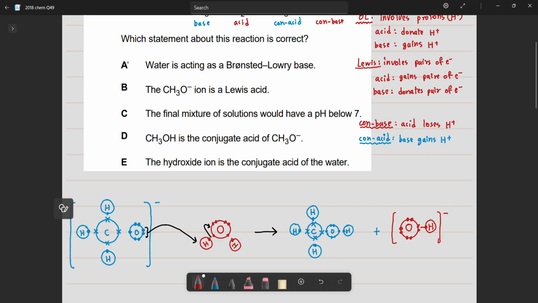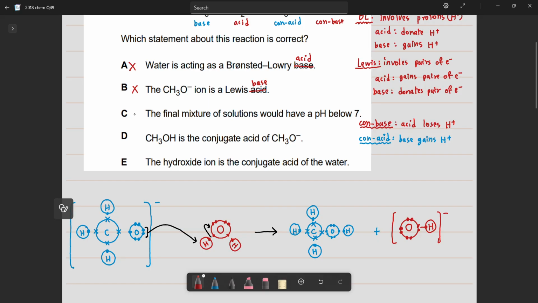This is wrong, because water acts as a Brønsted-Lowry acid: it donates its proton to the methoxide ion, because the oxygen transfers its lone pair of electrons to form a bond with this hydrogen in the water molecule. The methoxide ion being a Lewis acid is incorrect, because it is a Lewis base: it donates its pair of electrons to the water molecule.